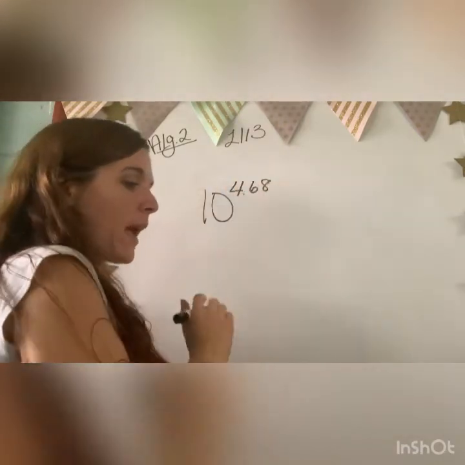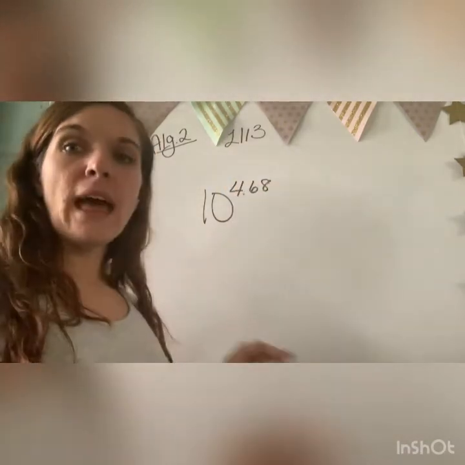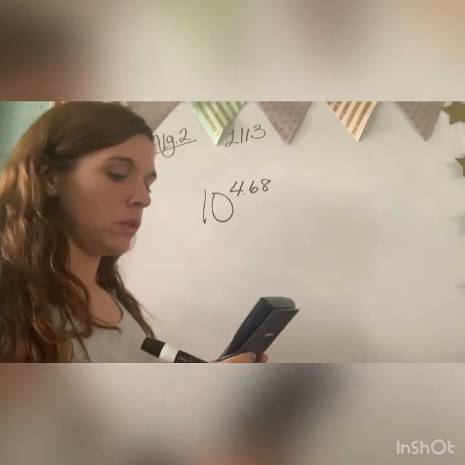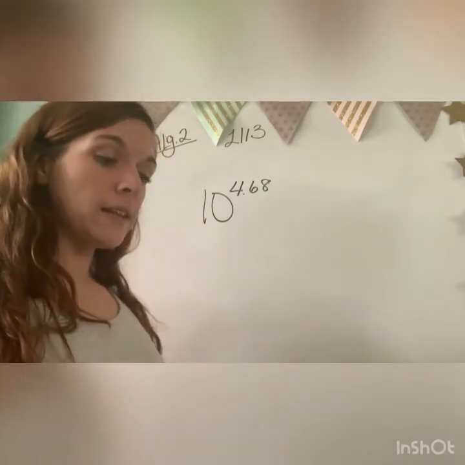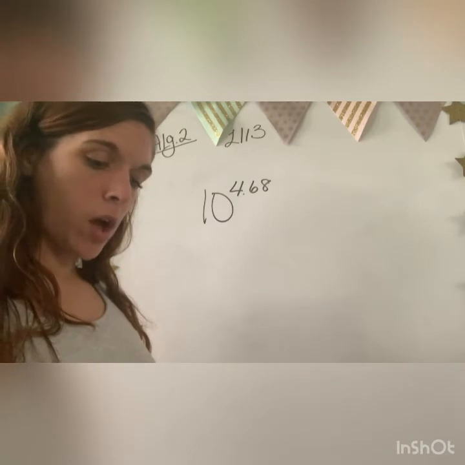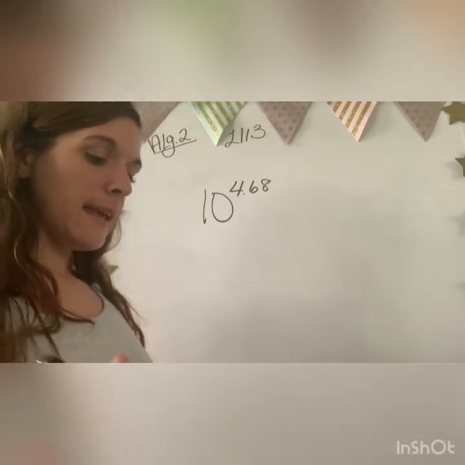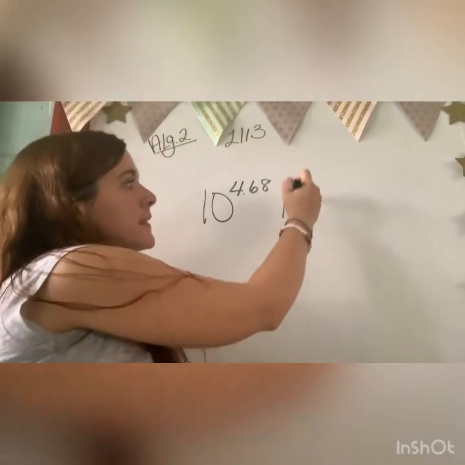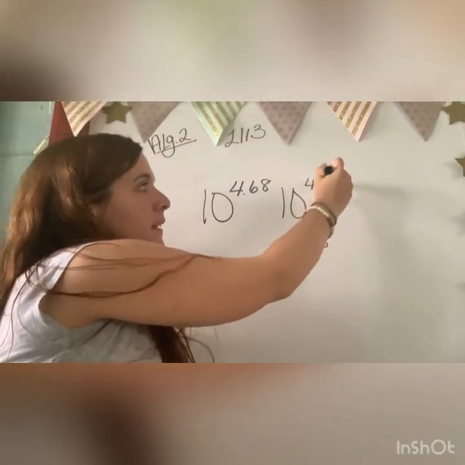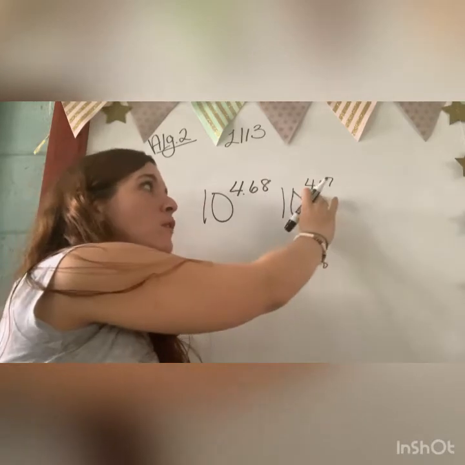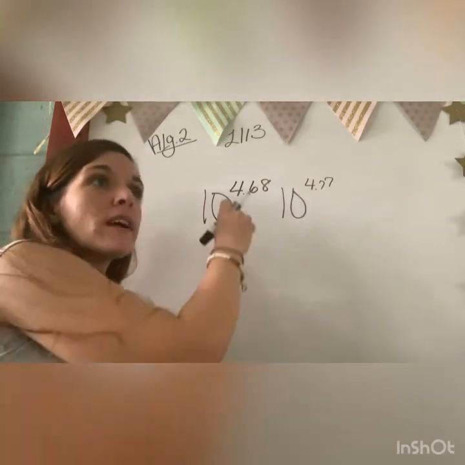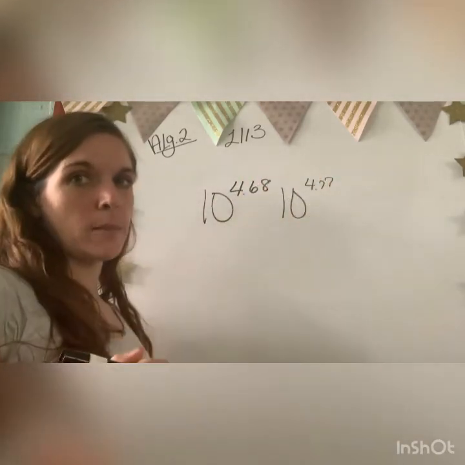4.68, okay? Then 59,463. Go log 59,463 is 4.77. So now you're going to put 10 to the 4.77. You're not putting just 4.68 or just 4.77, because remember, what you're doing is finding 10 to the what equals that number, right?